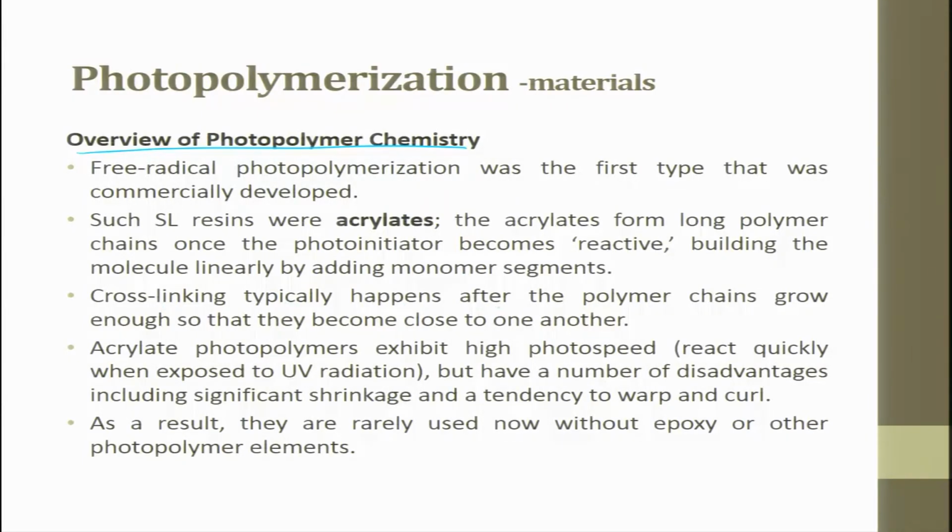Cross-linking typically happens after the polymer chain grows enough so that they become close to each other. Acrylate photopolymer exhibits high photo speed but has a number of disadvantages, including significant shrinkage and the tendency to warp and curl.